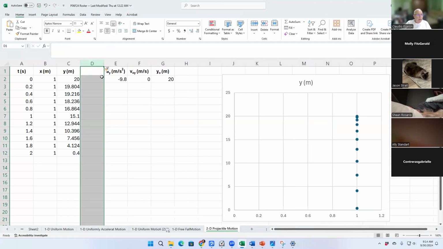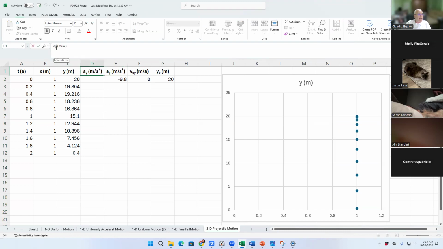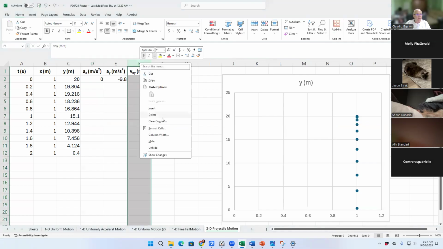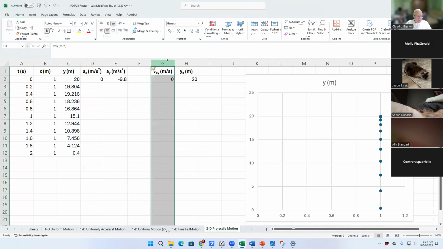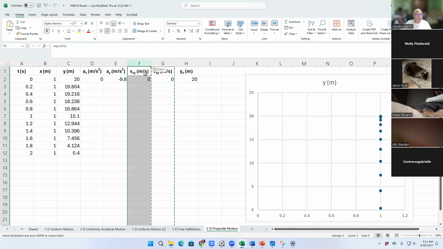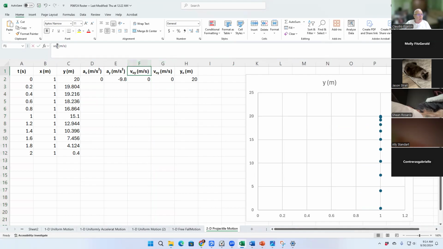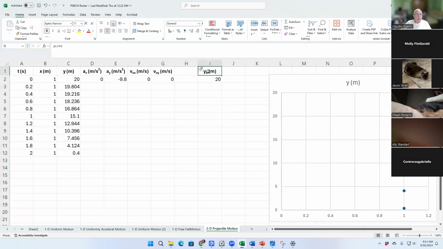We have a sub x as well. At this point in time, you should remember that a sub x is going to be 0, the acceleration along the x direction. We are supposed to have V naught x. I'm going to change those numbers very soon. And we are supposed to have x naught.